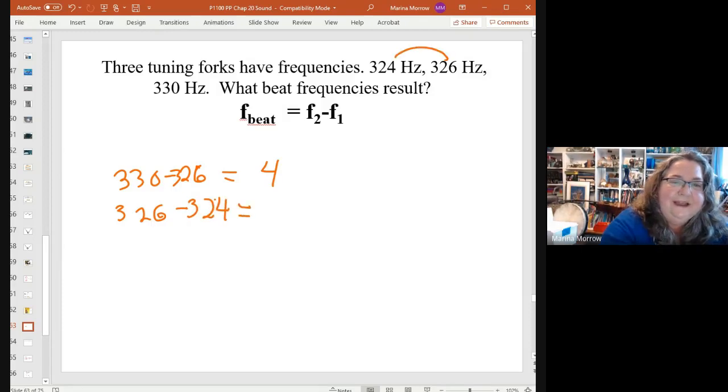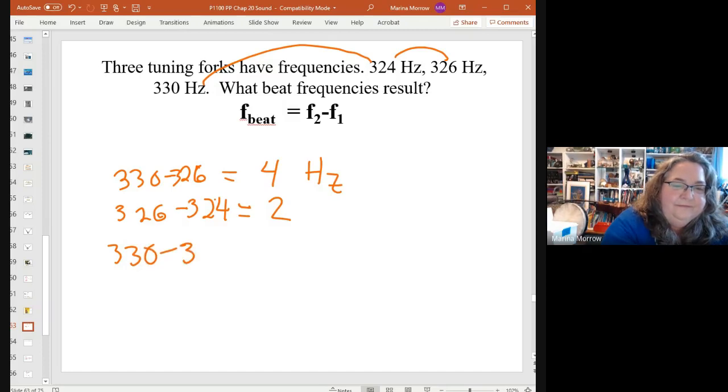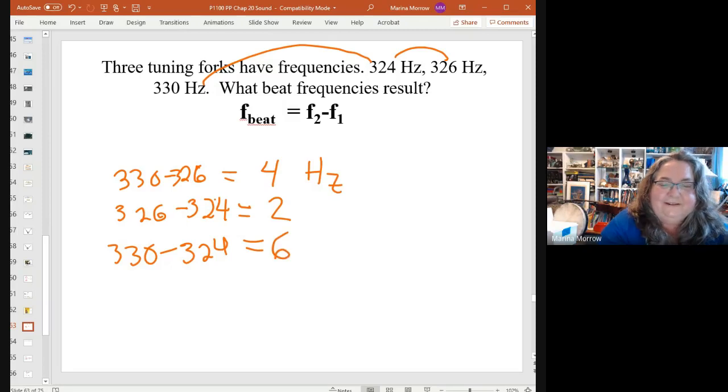So these two together would give me a beat frequency of 2 hertz. But I also would get from 330 to 324 that would give me a beat frequency of 6 hertz.